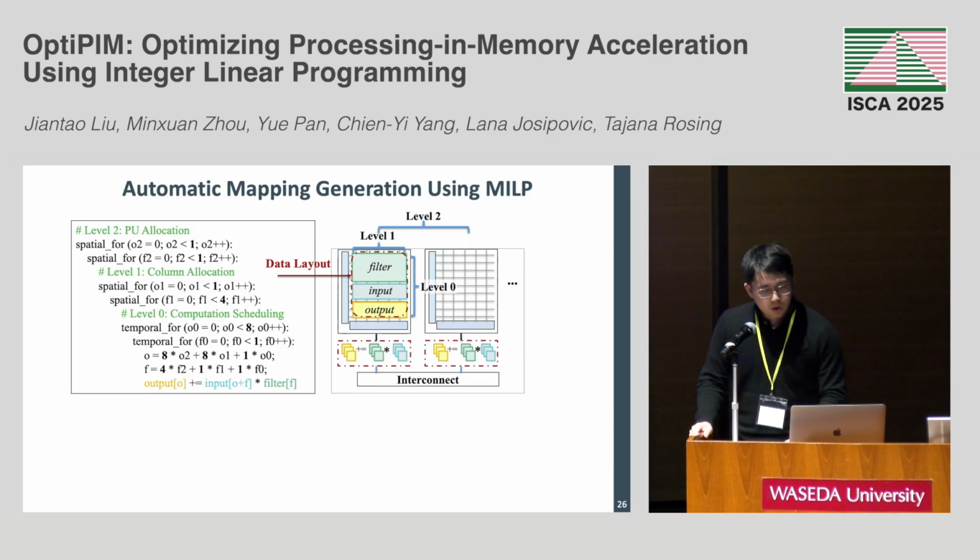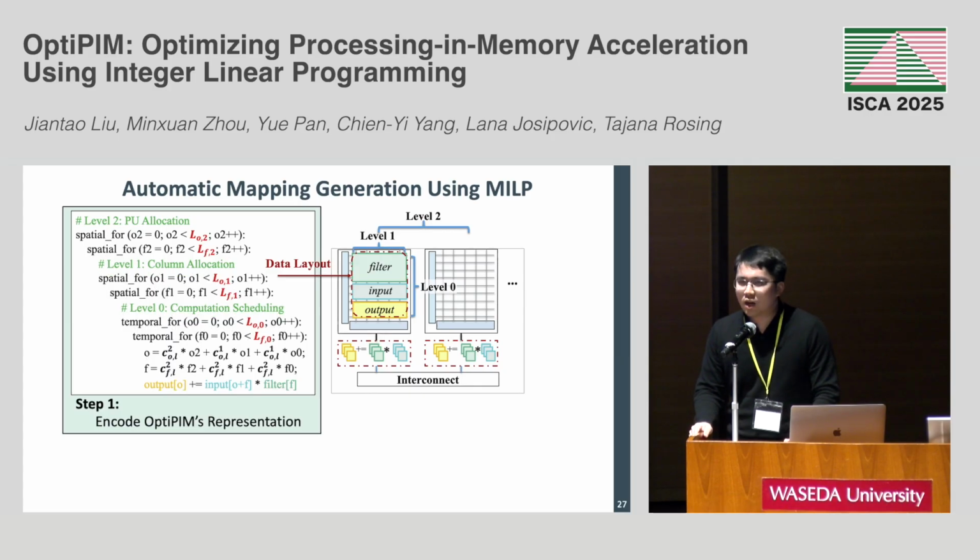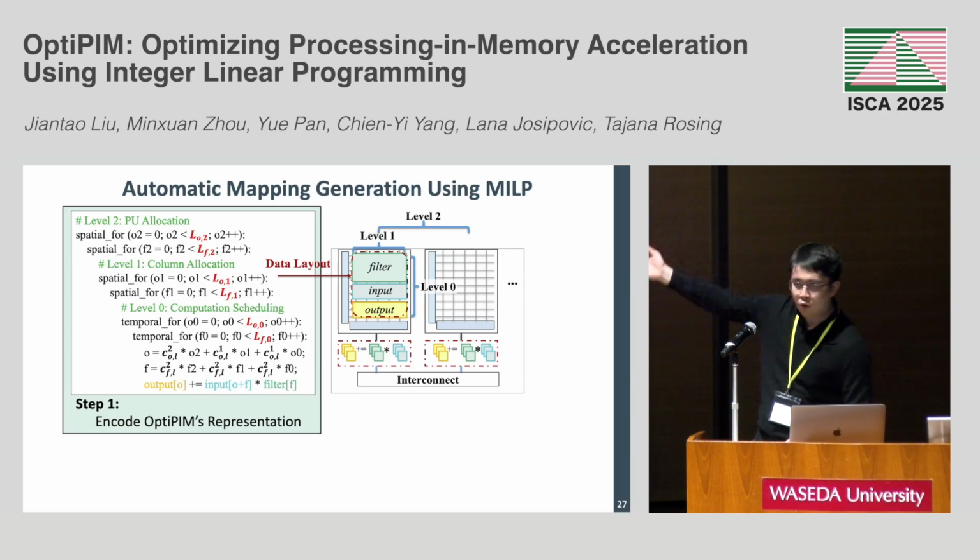Then there are multiple steps before we can reach the final MILP formulation. The first one is we need to use a bunch of variables to encode the information we care about in the representation. The first type of information we need is the transformed loop bounds, highlighted by the red parts. So we'll need a bunch of variables in the MILP to represent it. And the second one we care about is the coefficients in the indexing function.